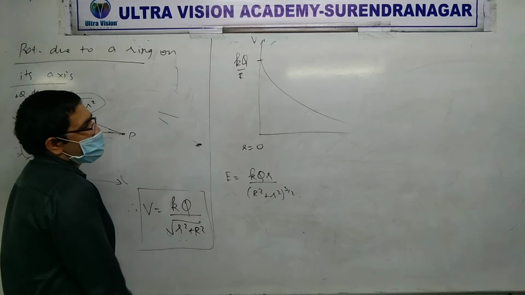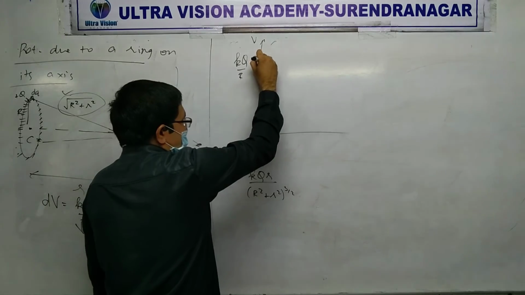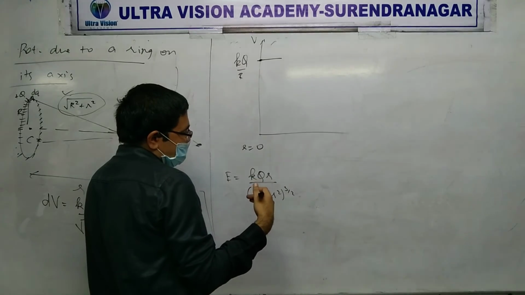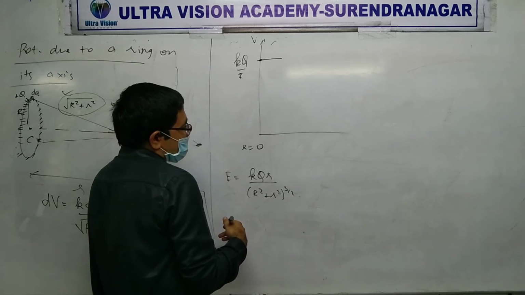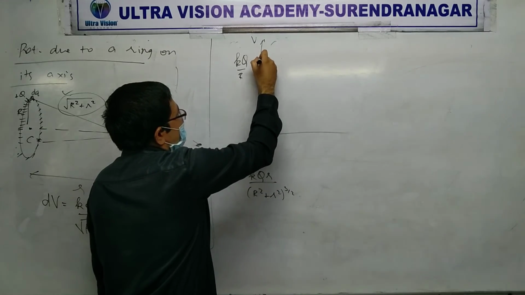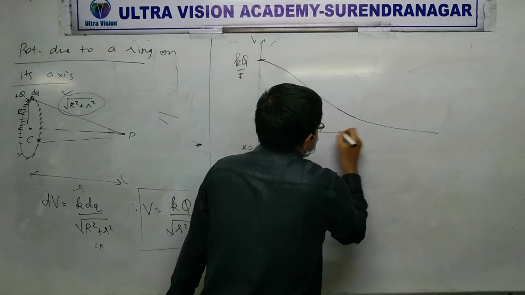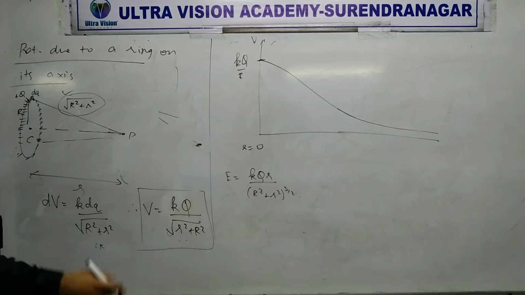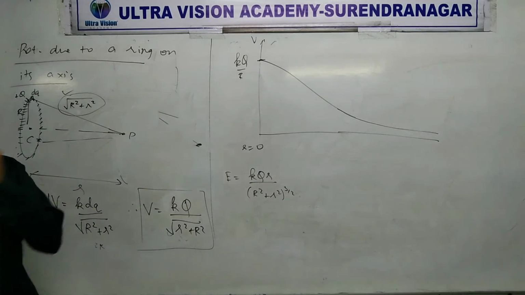Initially the slope of the graph is 0, and gradually the slope will start to become negative. There will be a curvature of this kind. First it will come down like this, and then it will turn.